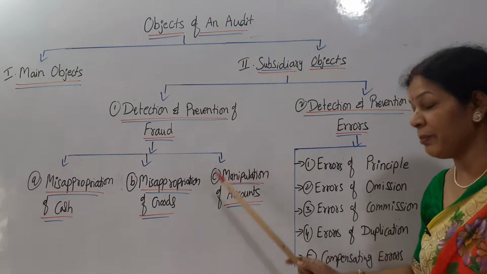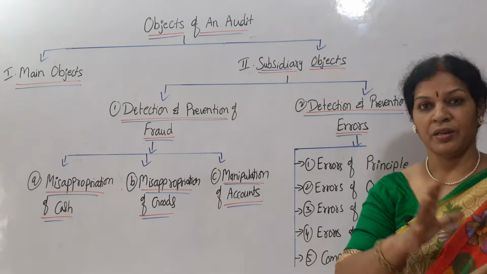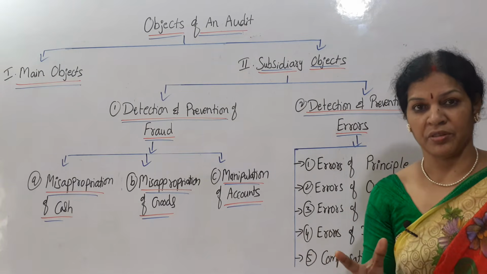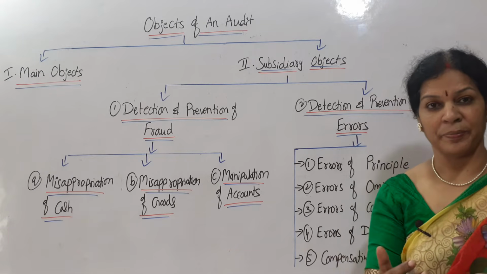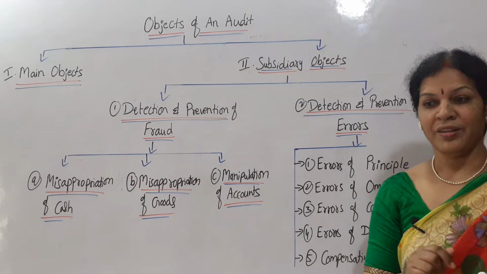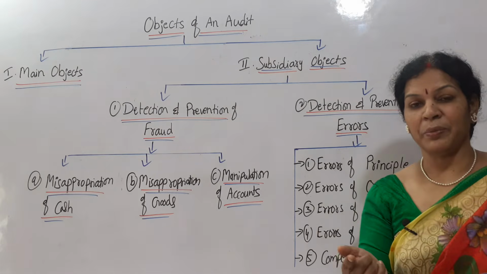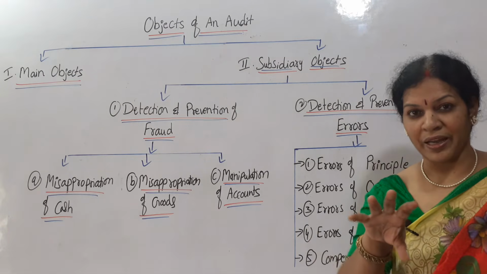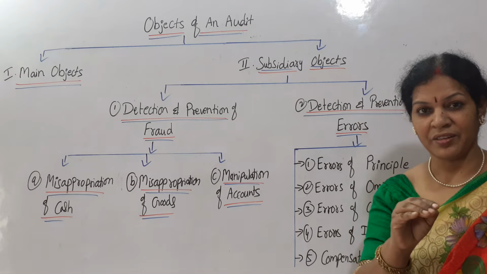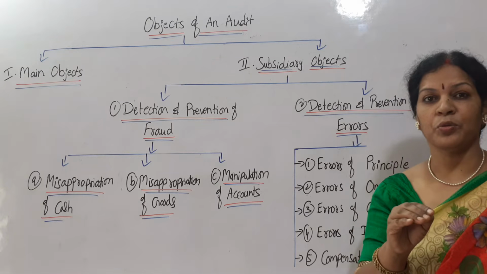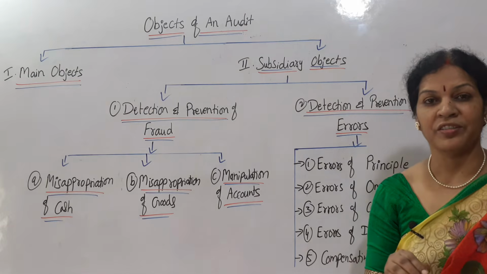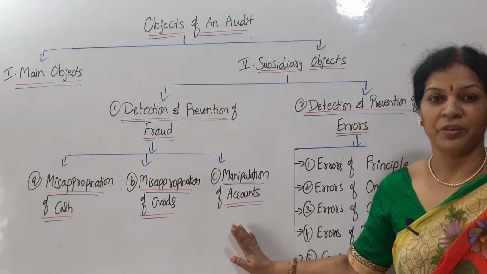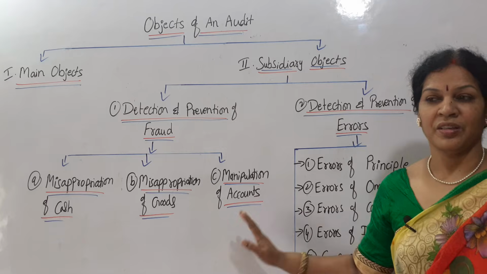A huge amount, huge transactions, so they will be manipulating. First of all, wherever they want to do the manipulation, they just plan it roughly. Then after that, they take the accountant who is writing the transactions into their confidence. Then after that, they do such kind of manipulation of accounts.